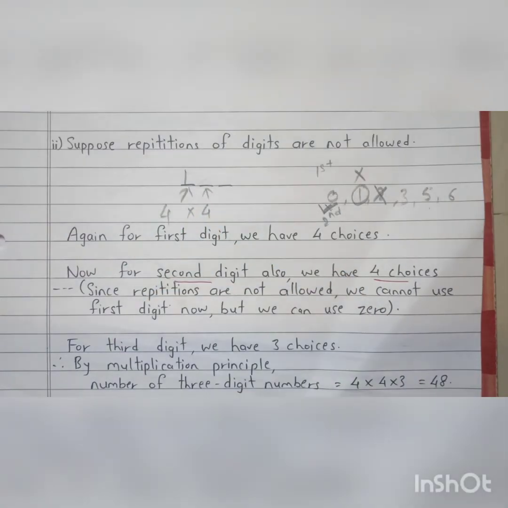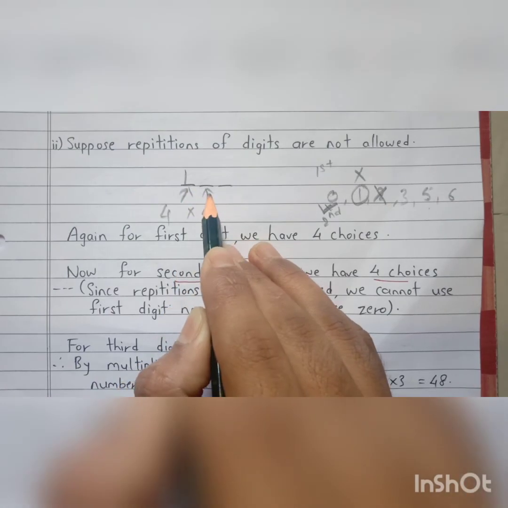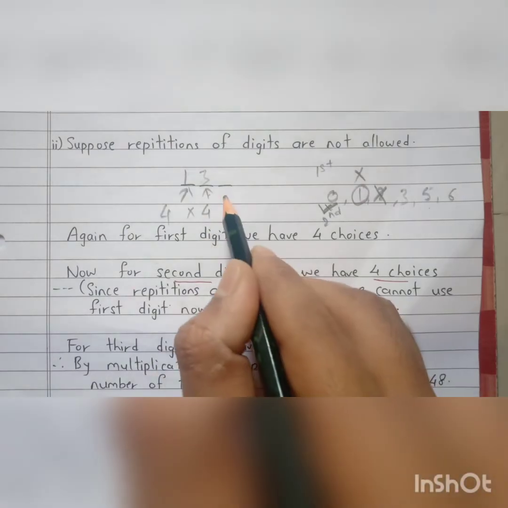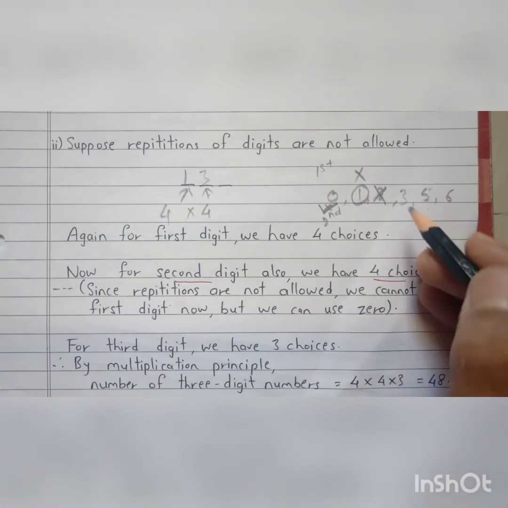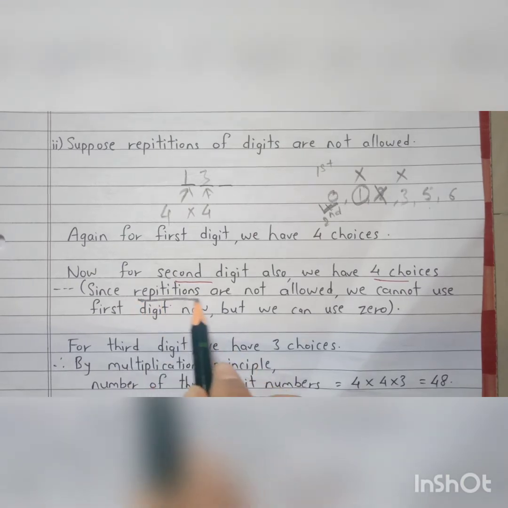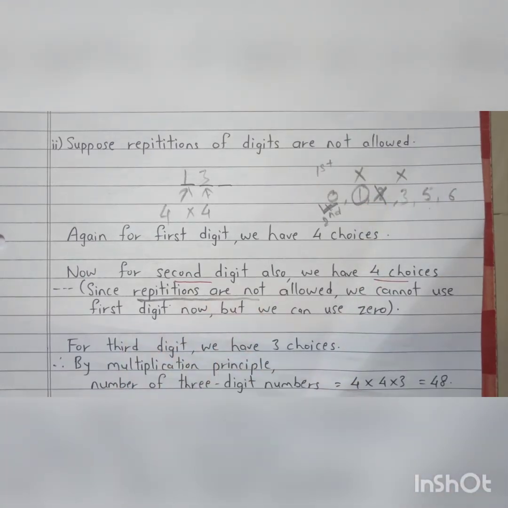But now what has happened? On the first digit I have written some digit, and on the second digit let's say I have written 3. So for the third digit I cannot write 3. Why? Because repetitions are not allowed. So my 1 is gone, 3 is gone. How many choices do I have?